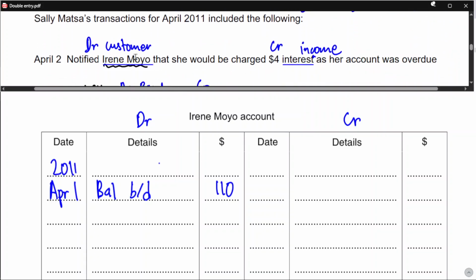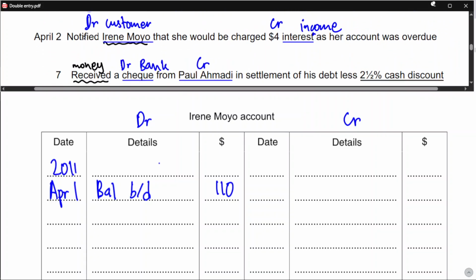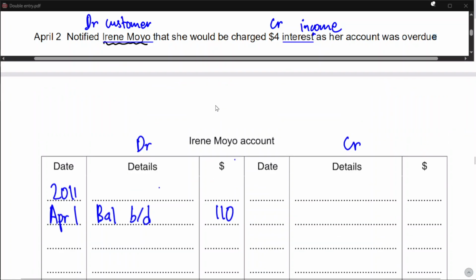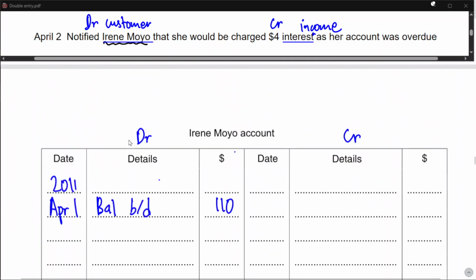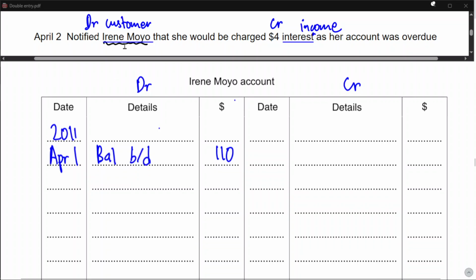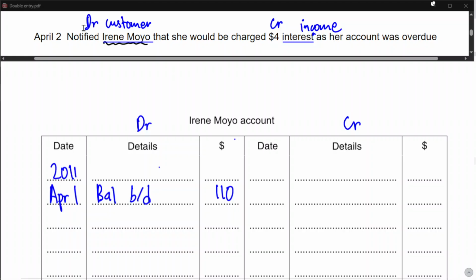Now let's go to the next line. A bit laggy here. Not sure why. So what he wants to do is Irene. Usually, remember the last time we said debit Irene credit income, right?